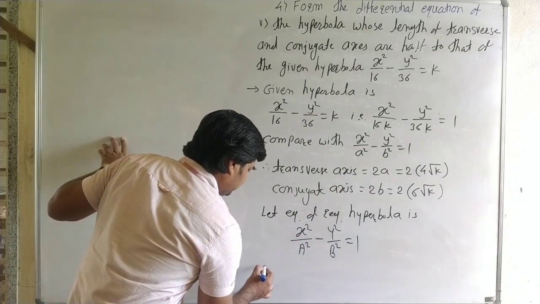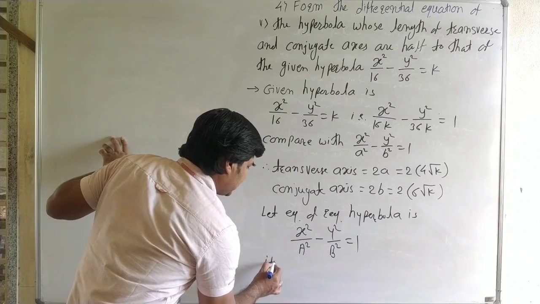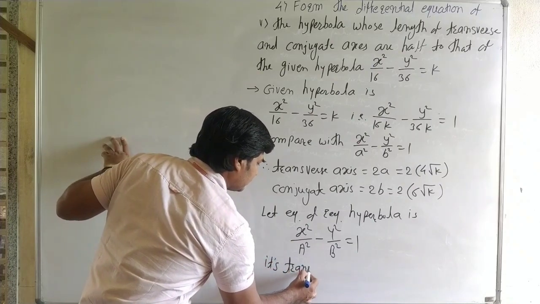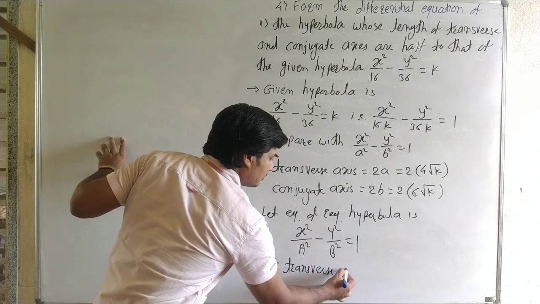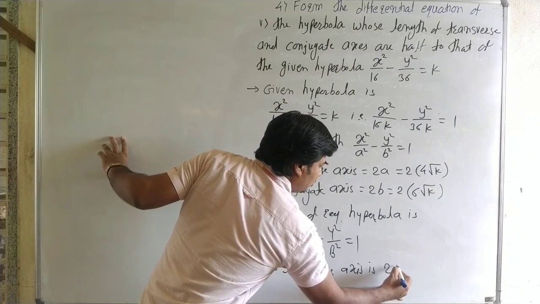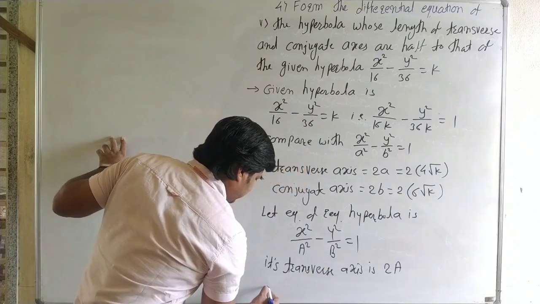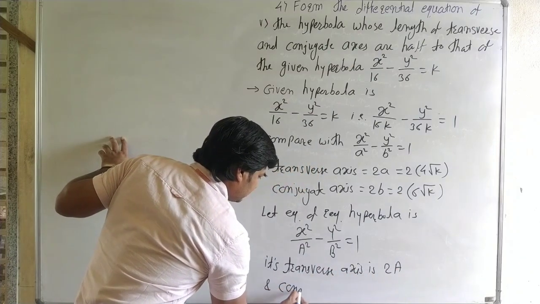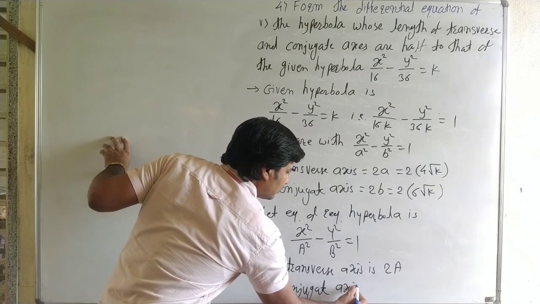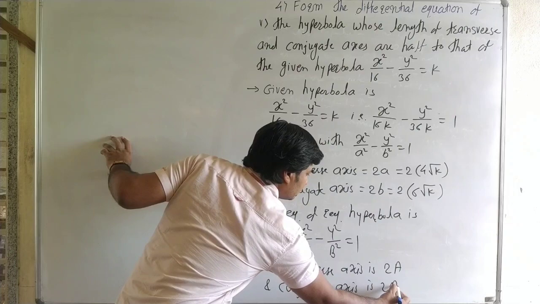Okay, now here its transverse axis is 2A and conjugate axis is 2B.